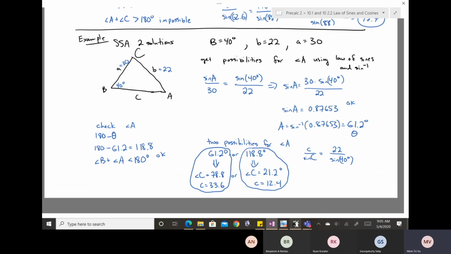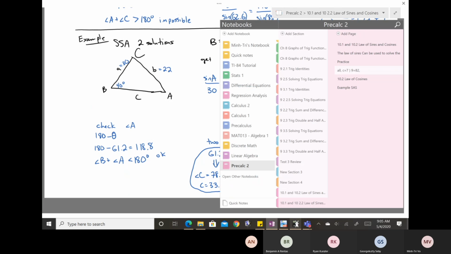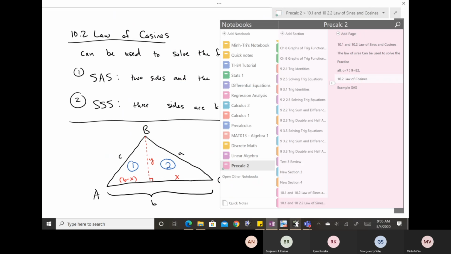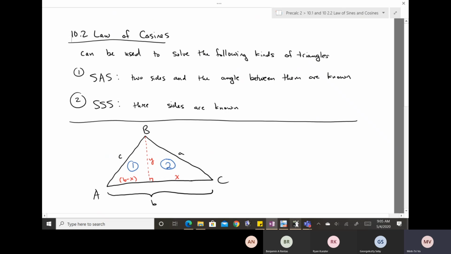So what about the law of cosines? The situations where we want to use the law of cosines, the kinds of triangles, are SAS or SSS.